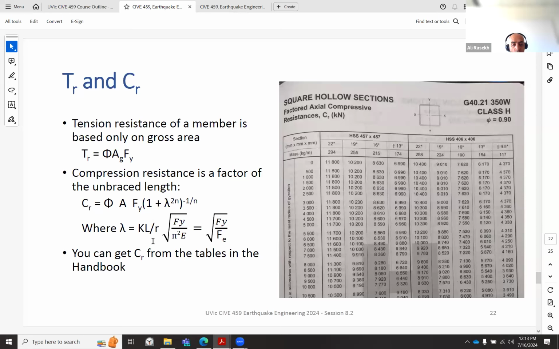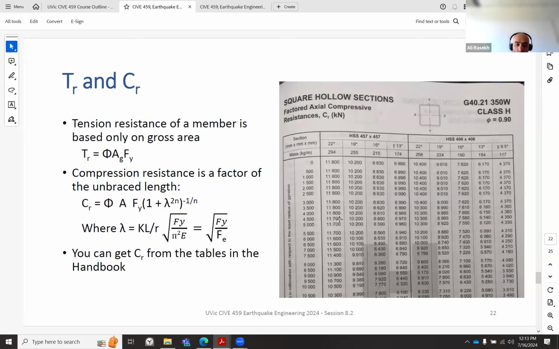Lambda, which is KL over r, multiplied by a square root of Fy divided by pi squared E. Hopefully you have gone through this in the steel design course to assess the compression resistance of a member.